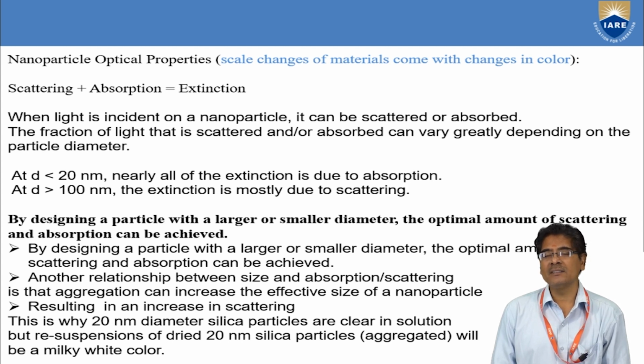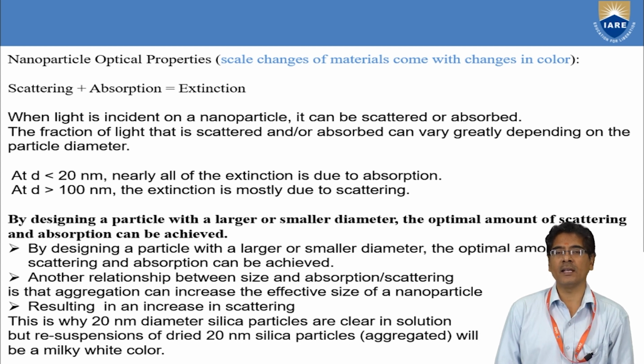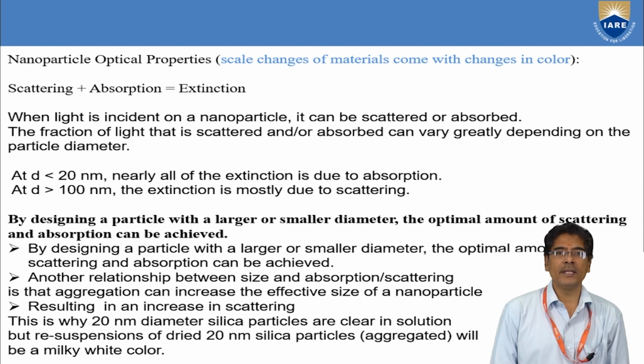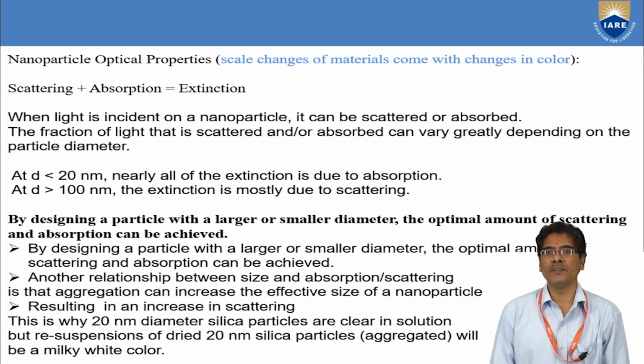At diameters less than 20 nanometers, nearly all the extinction is due to absorption, right? At diameters greater than 100 nanometers, the extinction is mostly due to scattering of the nanoparticles.